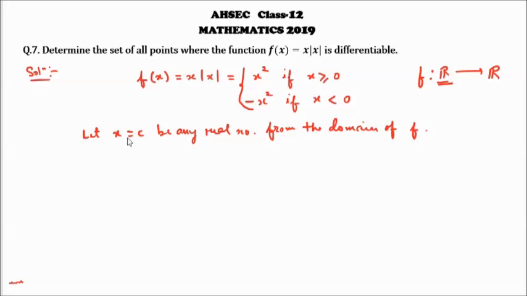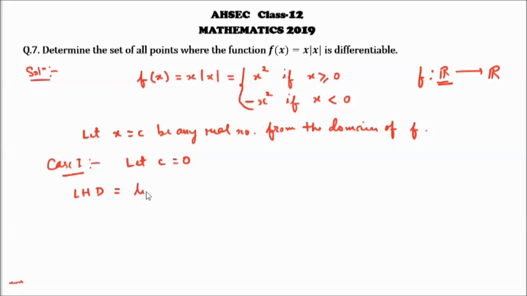So let us divide this problem into three cases. First case number 1, let c is equal to 0. So let us check what happens at c. So if c is equal to 0, let us find the left hand derivative.